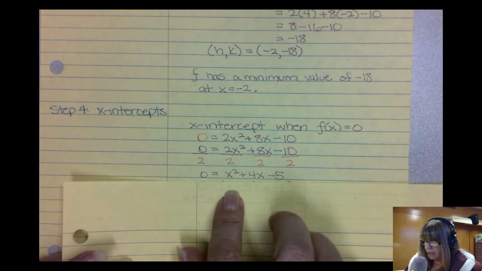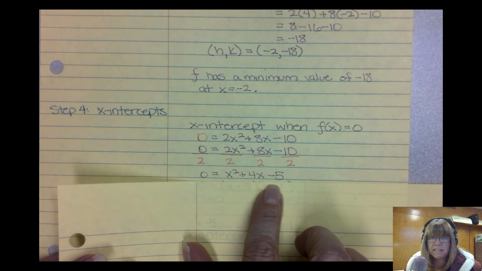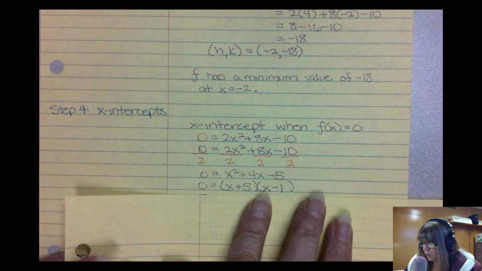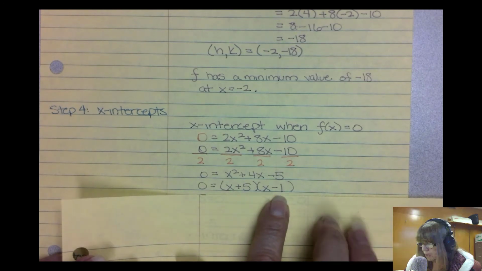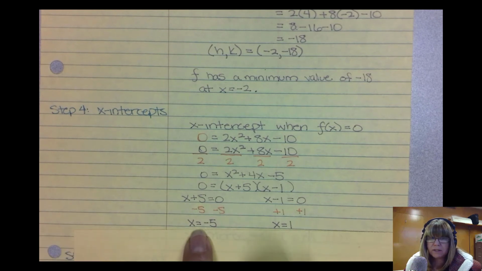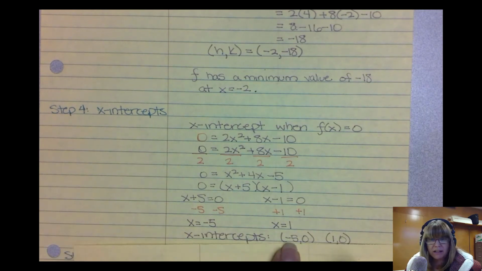Once we do that, we get 0 equals x squared plus 4x minus 5. And this is factorable. So let's go ahead and factor it. It's x plus 5, x minus 1. And therefore we get x either equals negative 5 or x equals 1. And so our intercepts are negative 5, 0, and 1, 0.